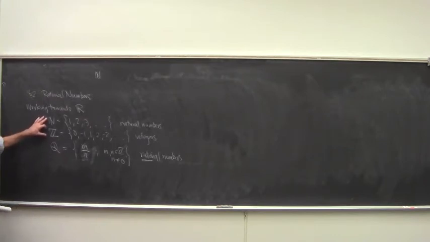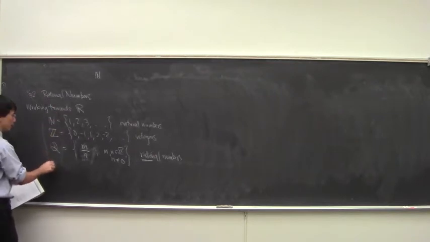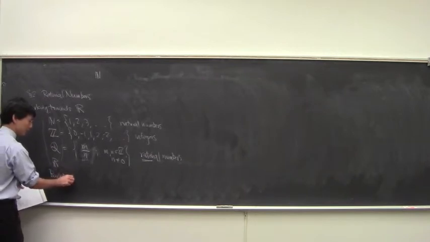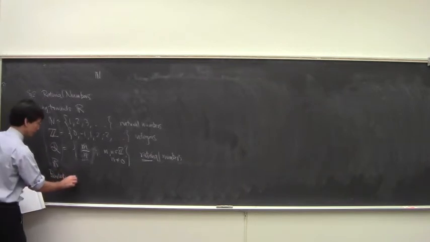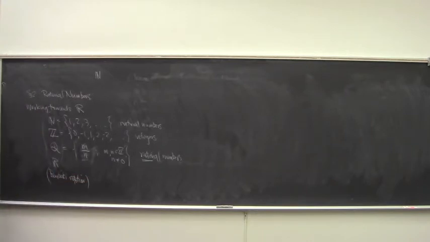This notation N, Z, Q, and R is a standard notation. It's a so-called Bourbaki notation. Did I mention this already? Although Bourbaki was an imaginary person, I've actually seen a letter from him.